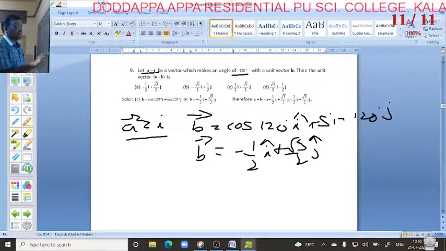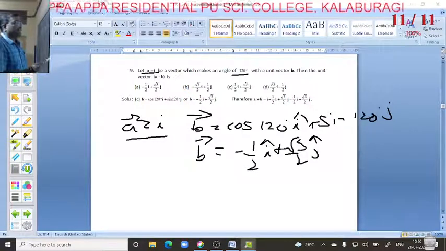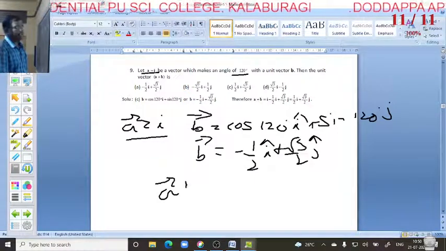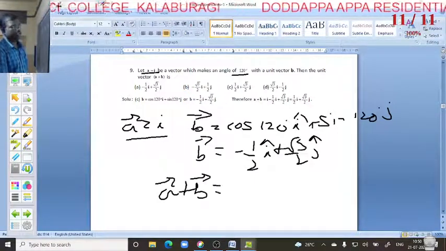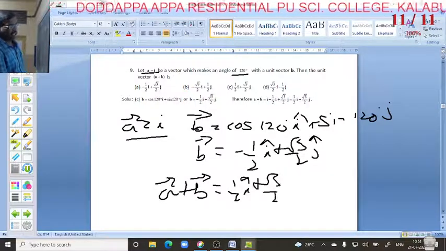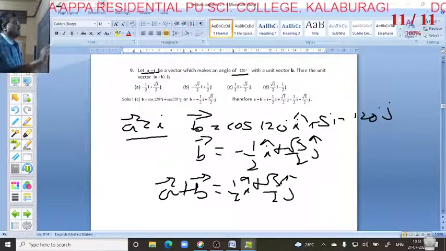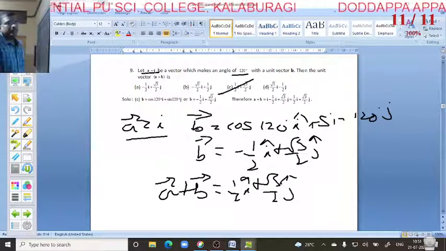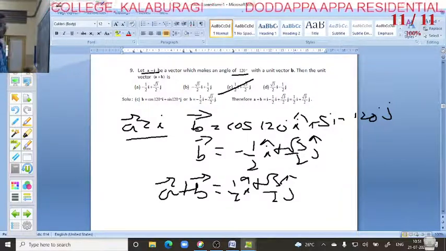So this is the vector B value. If we now add these two, vector A plus vector B, we get 1 by 2 i plus root 3 by 2 j. That is C option.